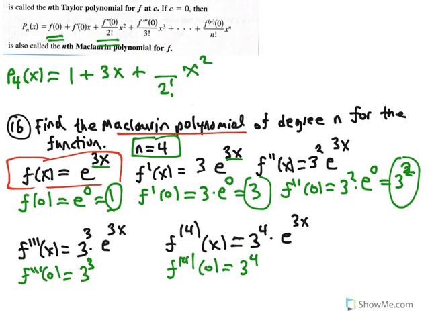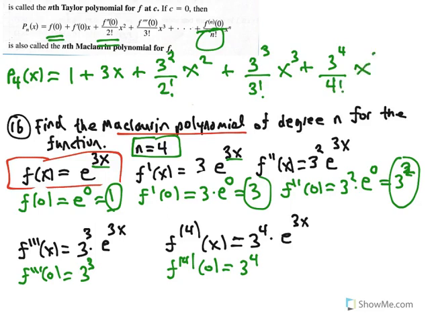I can keep this as 3 squared if I'd like to have the pattern be apparent. And here I can write 3 cubed over 3 factorial times x cubed. And here I will write 3 to the fourth, which is the fourth derivative of f evaluated at x equals 0, divided by 4 factorial from the definition, times x to the fourth.